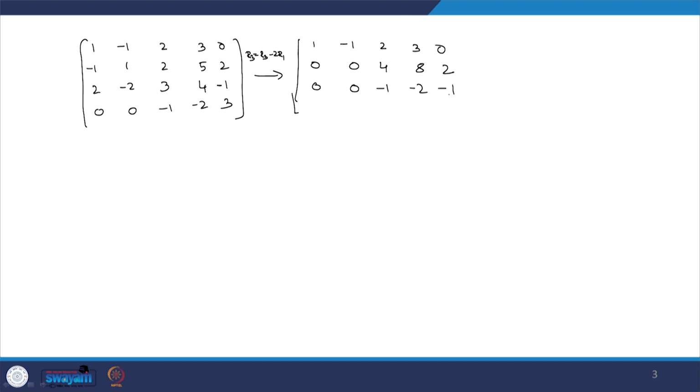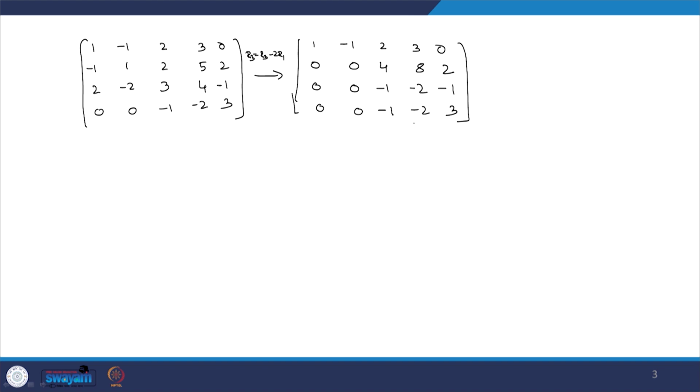Then the next row is 0, 0, minus 1 and minus 2, 3.